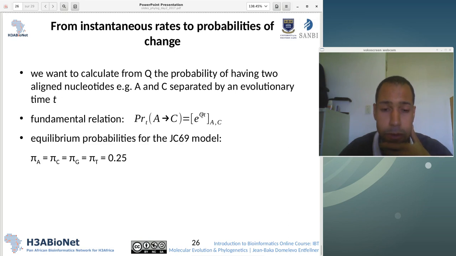Matrix exponentiation is an operation that takes a matrix as a parameter and produces a matrix also. So Q is a matrix, you multiply by t, meaning you multiply all coefficients by t, and then you find its exponentiation. It's usually performed by first diagonalizing the matrix.